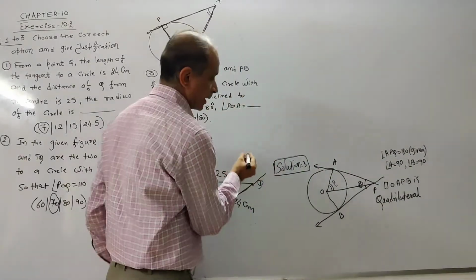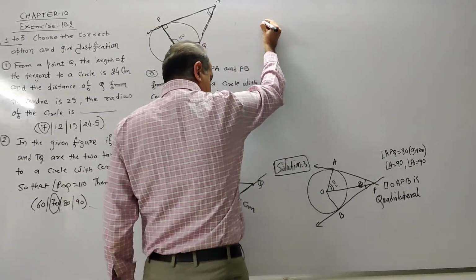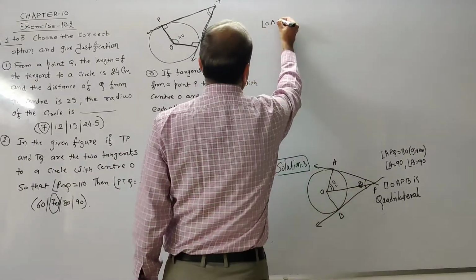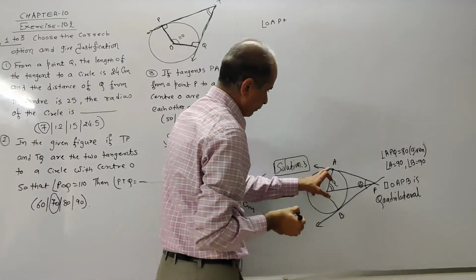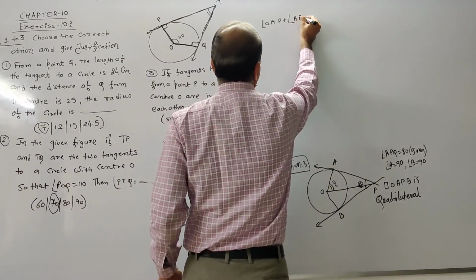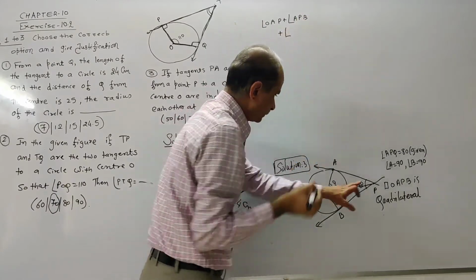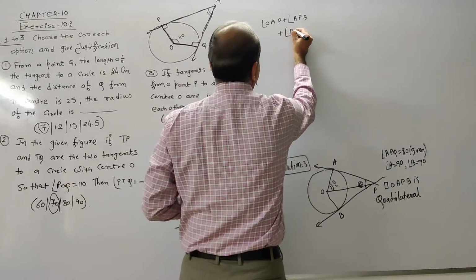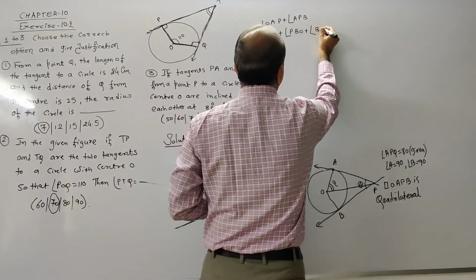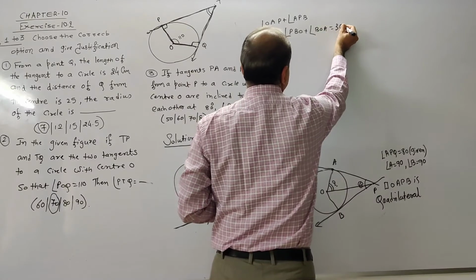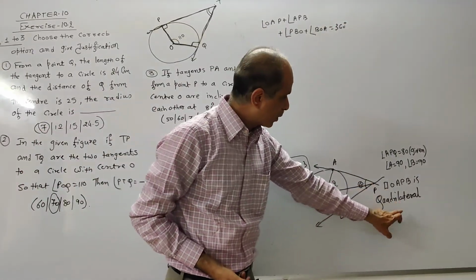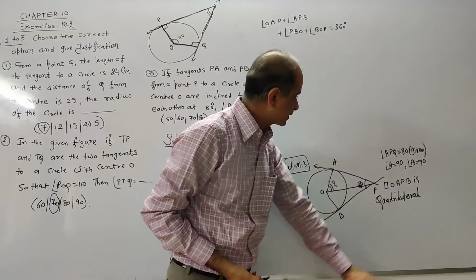The sum of these angles means angle OAP plus angle APB plus angle PBO plus angle BOA is equal to 360 degrees, because it is a quadrilateral and the sum of all four angles of a quadrilateral is 360 degrees.